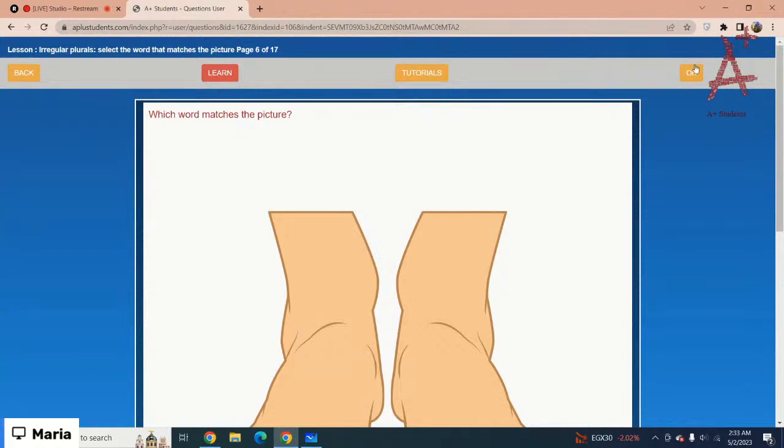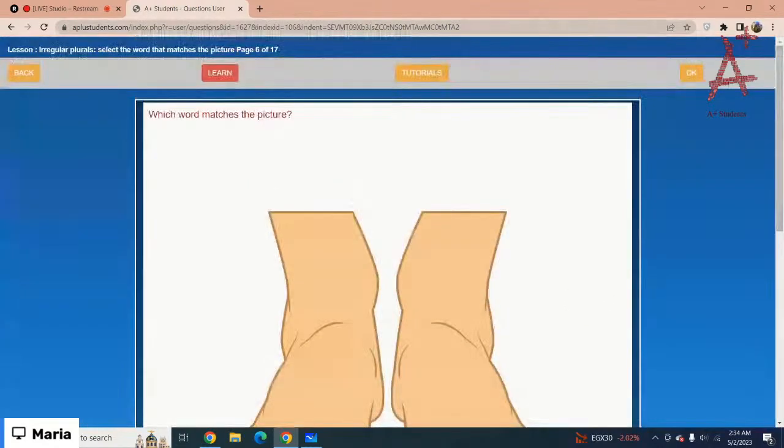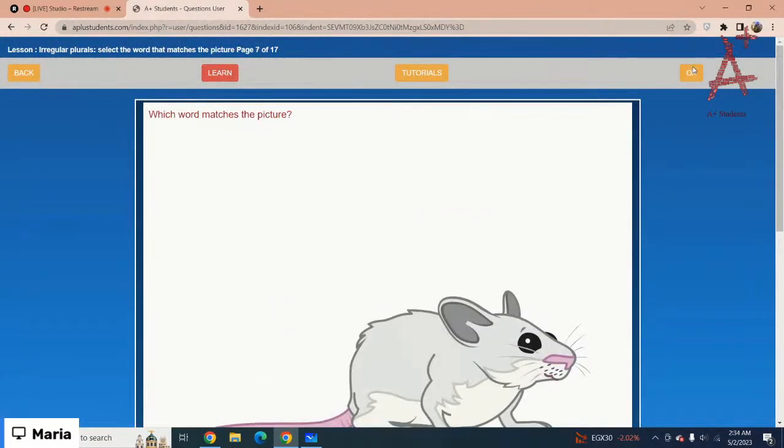So it would be foot or feet, the correct option. One is foot, more than one is feet. It would be feet. Okay, which is the correct option? Mouse or mice?